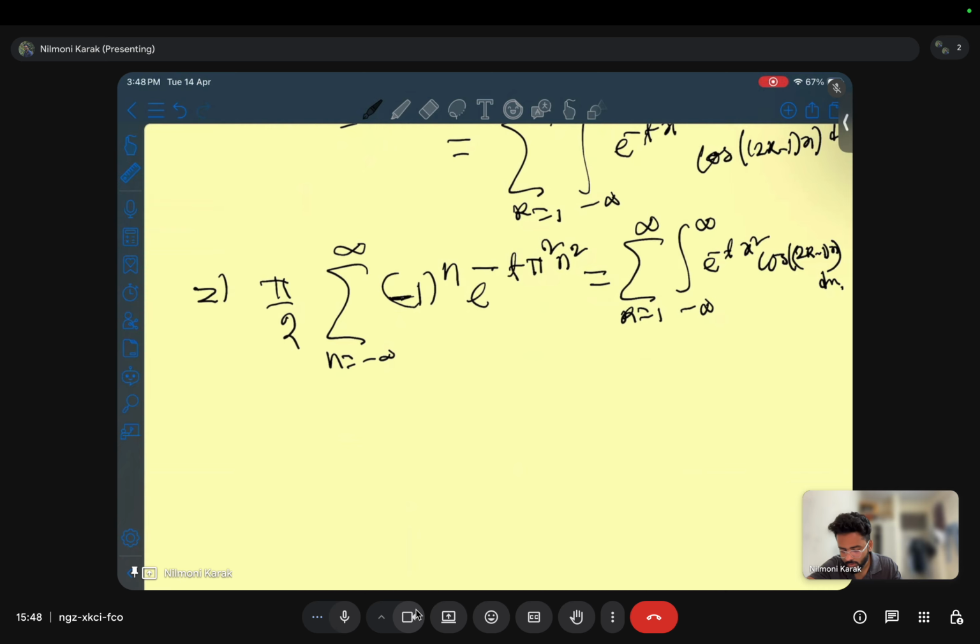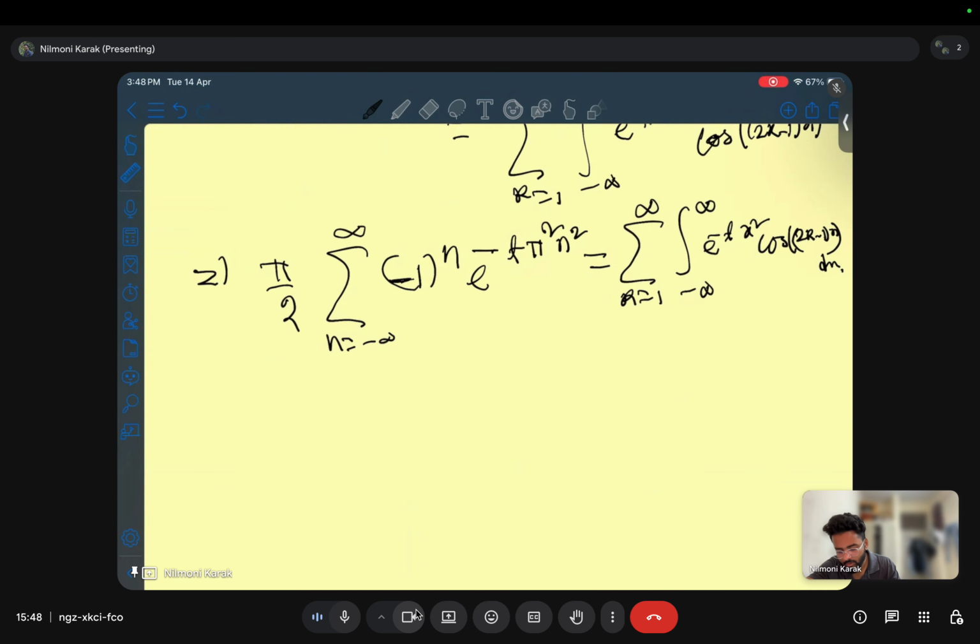Okay, now this can be rewritten. So pi by 2 is there, right? So just 2 times pi, 1 plus, so here 2 and here cos, we can write this as e to the power ix plus e to the power minus ix divided by 2, right? So then these two cancel.